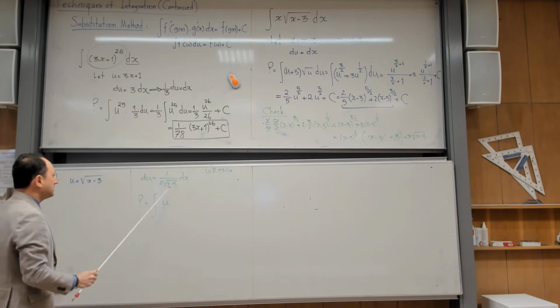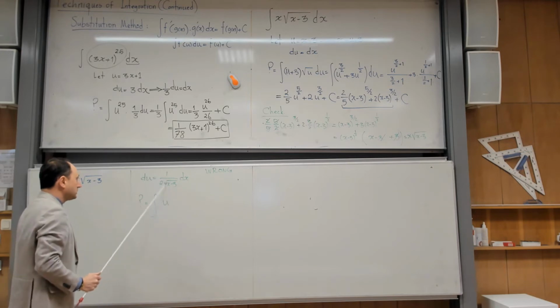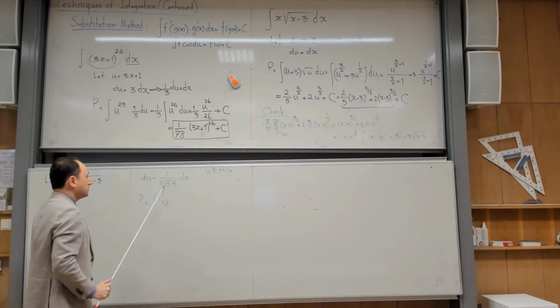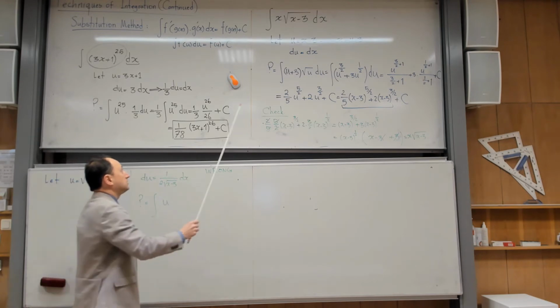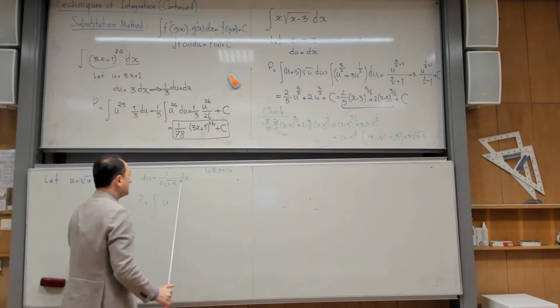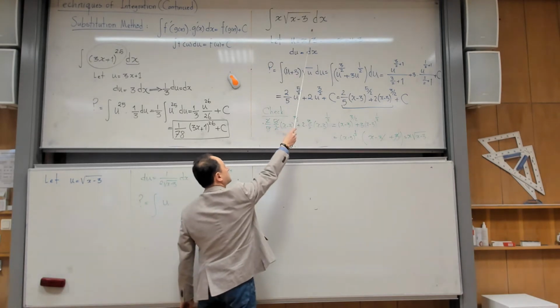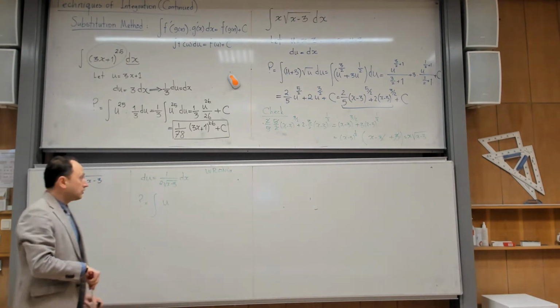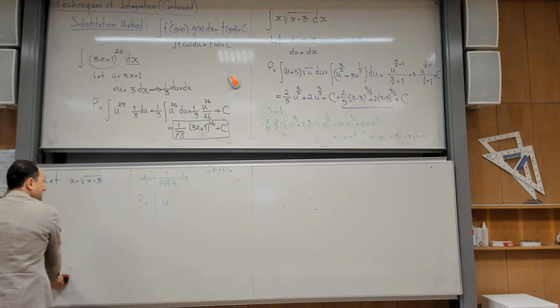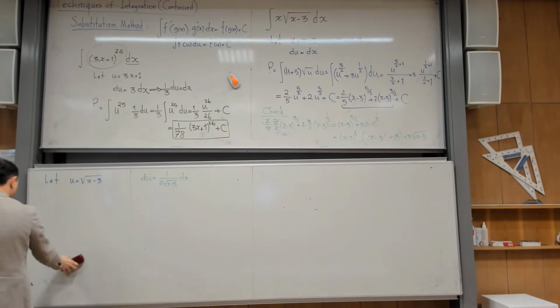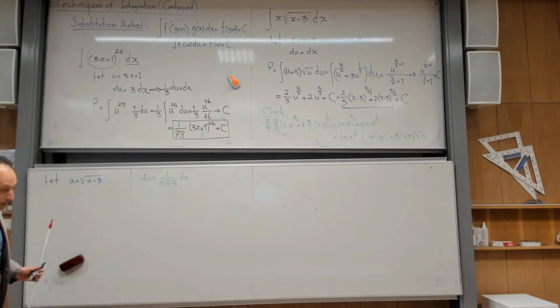But there is not a simple relation between du and dx right now. This square root of x minus 3 is appearing in the denominator for dx rather than appearing next to dx. So I wouldn't say it is wrong, but it is not that efficient. What I tell you, just do this, it is easier.